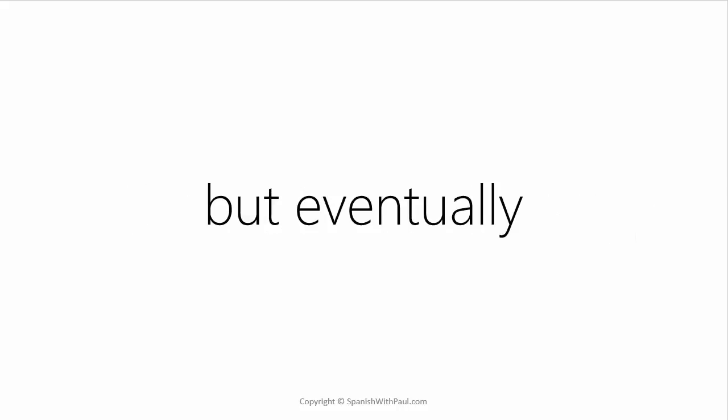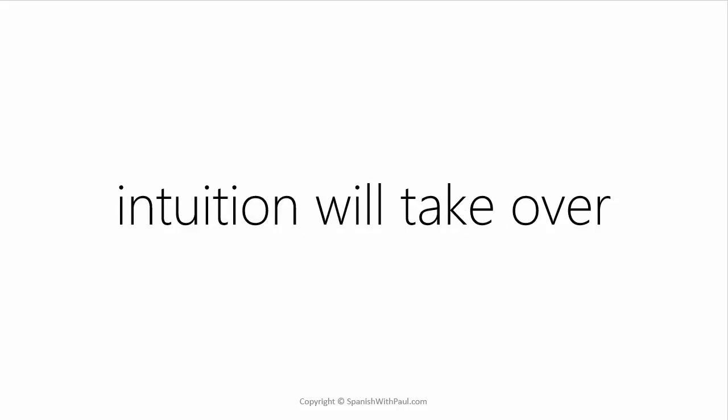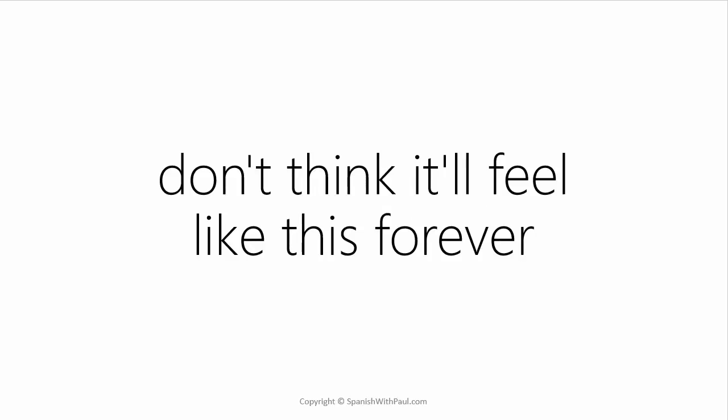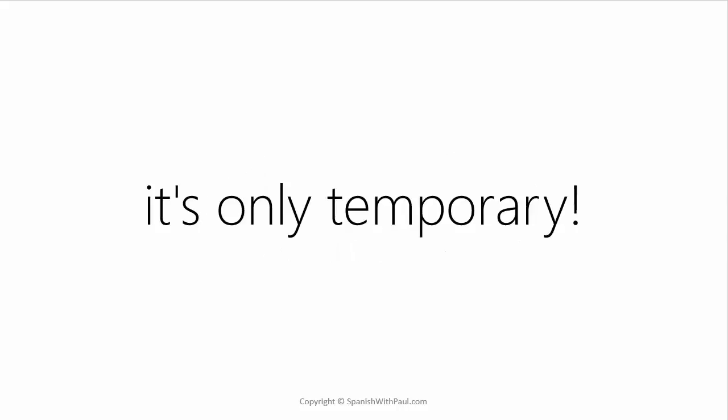But eventually, your intuition will take over. So, what I want to hammer home here is that don't think that it's going to feel like this forever. It's only temporary. Once your brain absorbs the roadmap that we're about to do, it's going to learn that this is how it's done and it'll quickly make the calculations for you.